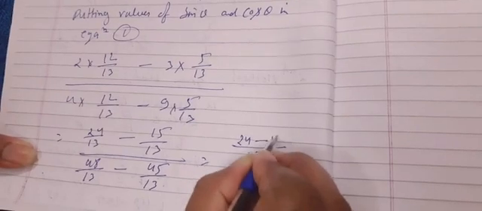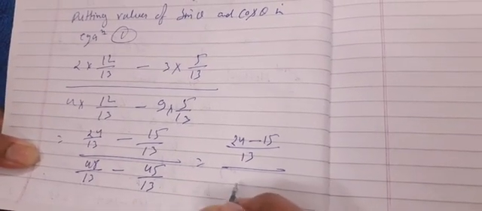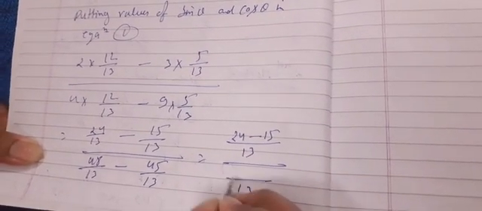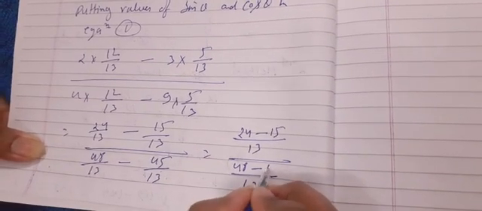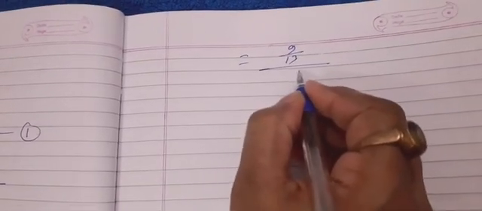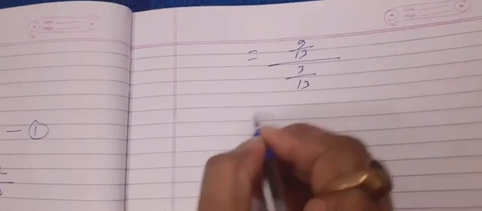We can solve here only. Take 13 as LCM, so it is 24 minus 15, and 48 minus 45. So 24 minus 15 means 9 upon 13, and in the denominator 48 minus 45 is 3 upon 13.